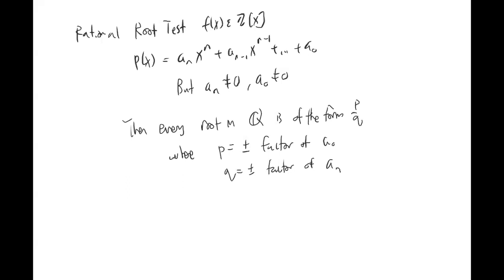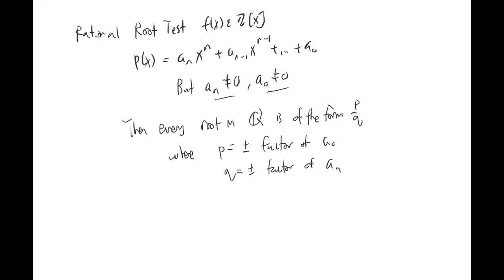I'm sure you've all heard of this before. Hopefully I just need to write the statement down. But let me test you really quick. Why can we assume this without loss of generality? First off, if a_0 is 0, I can just factor out the x and consider the new thing.